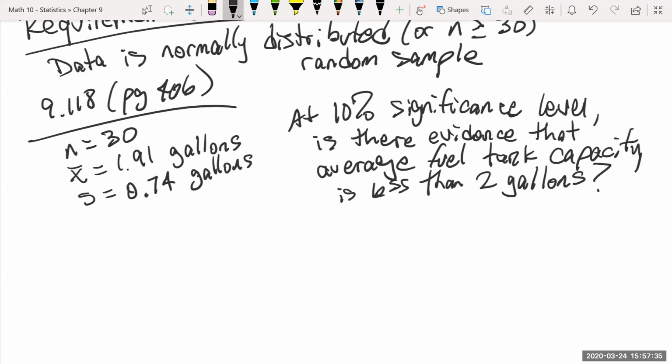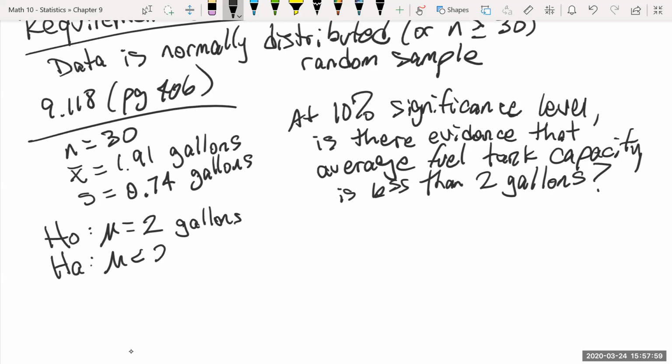Now, one thing to notice, we didn't do any problems that were a not equal. A not equal would say are different from 2 gallons, or has there been a change from 2 gallons. But in this case, my null hypothesis, we're going to assume mu is equal to 2 gallons. The alternative is mu is less than 2 gallons.